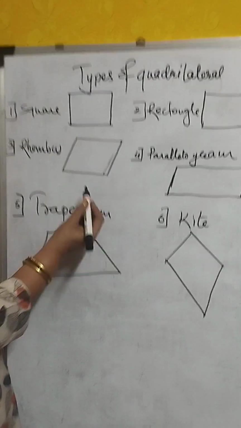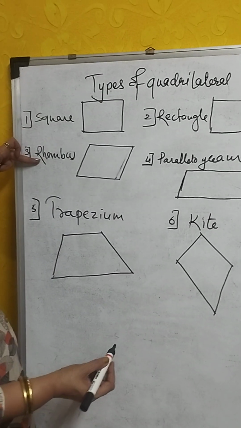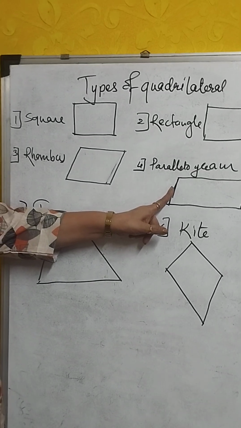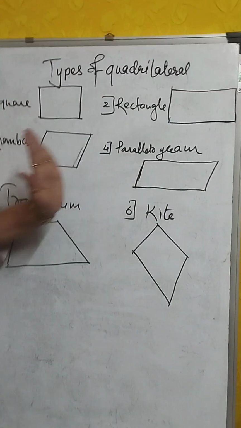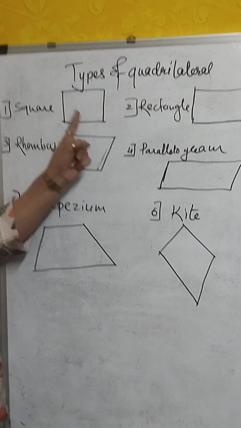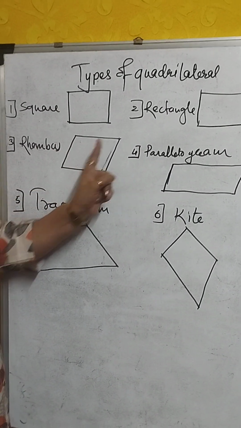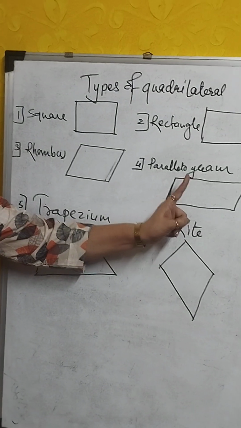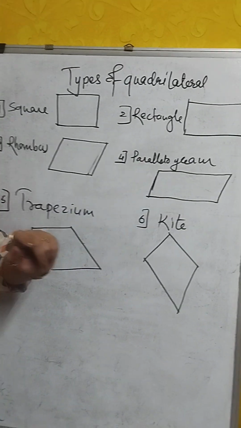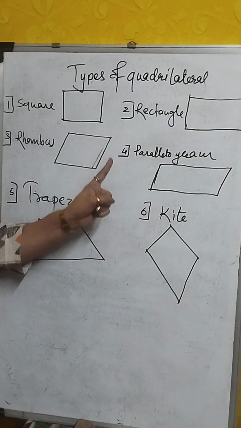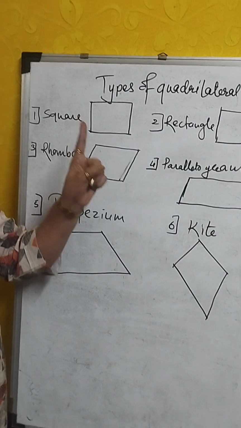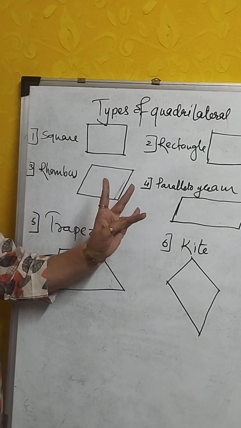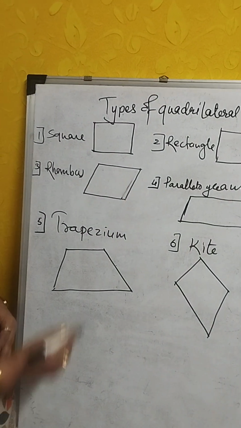Already we have studied square and rhombus, rectangle and parallelogram comparatively. The similarity is in sides only. All sides are congruent; opposite sides are congruent and parallel. It is there in the name. Remember the properties: sides, angles, diagonals.